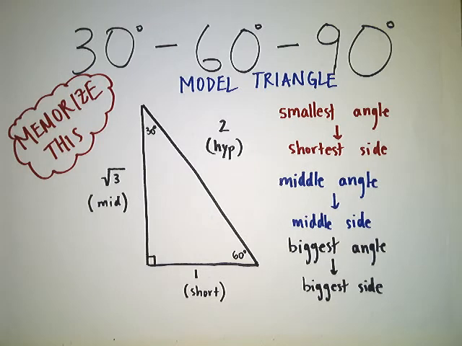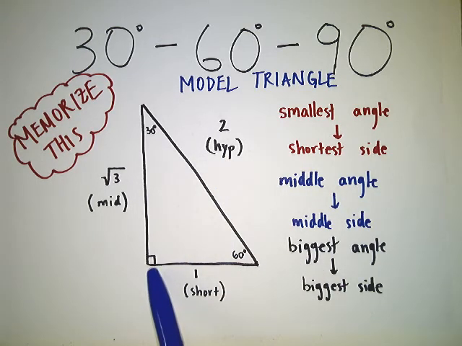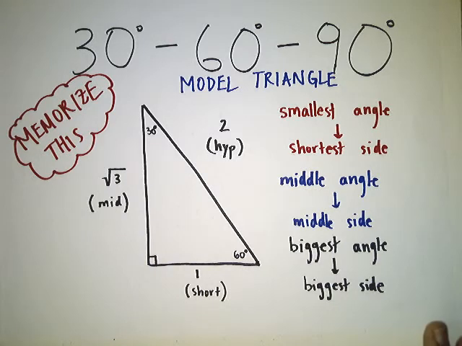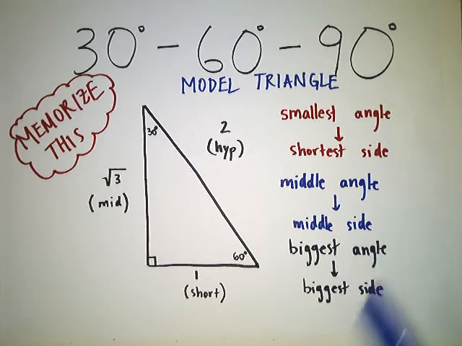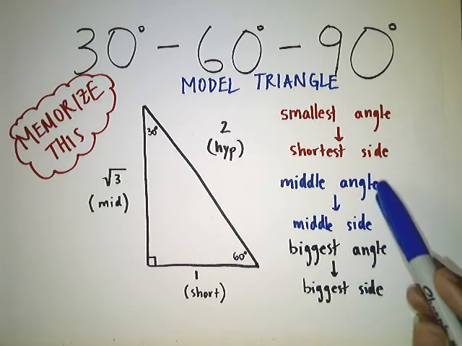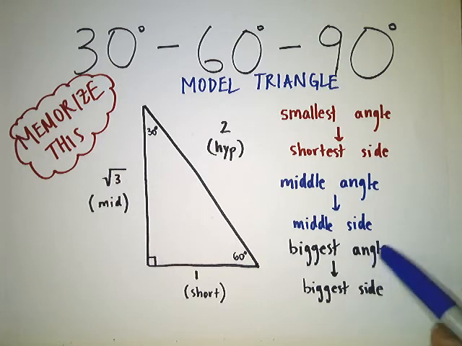The middle side is opposite the 60-degree angle, and the hypotenuse is opposite the biggest angle, 90 degrees. That's how you identify which side is which. The smallest angle is always opposite the shortest side, the middle angle opposite the middle side, and the biggest angle opposite the biggest side.